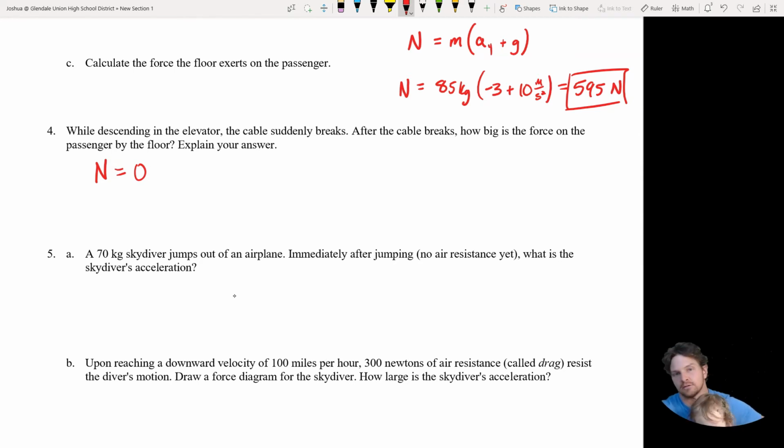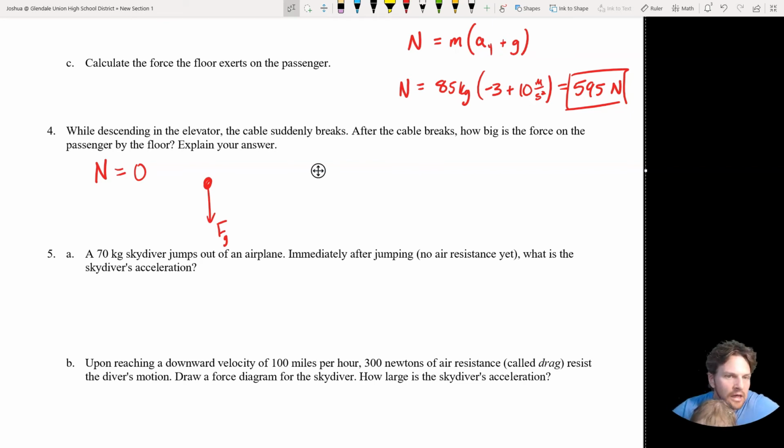It's not there. Okay? So if you think about that force diagram, it would now look like only the force of gravity. And anytime this situation occurs, that is called something in free fall.